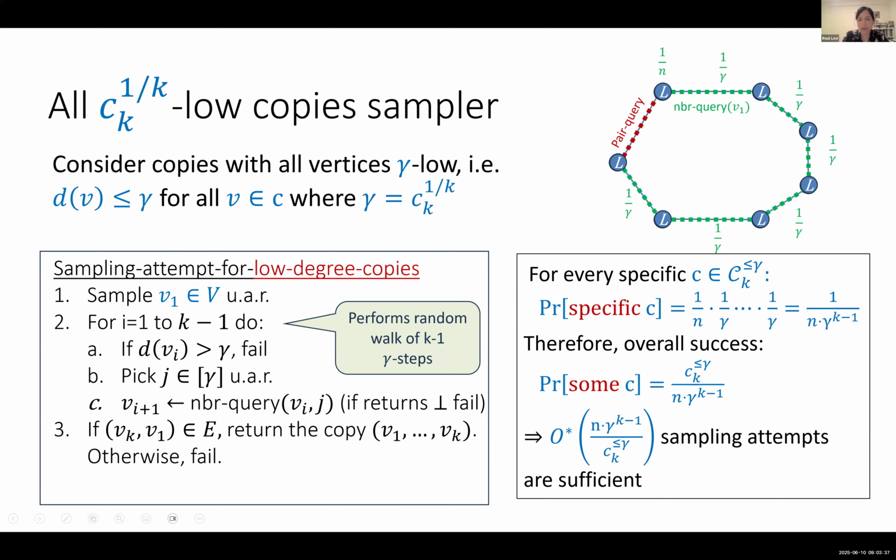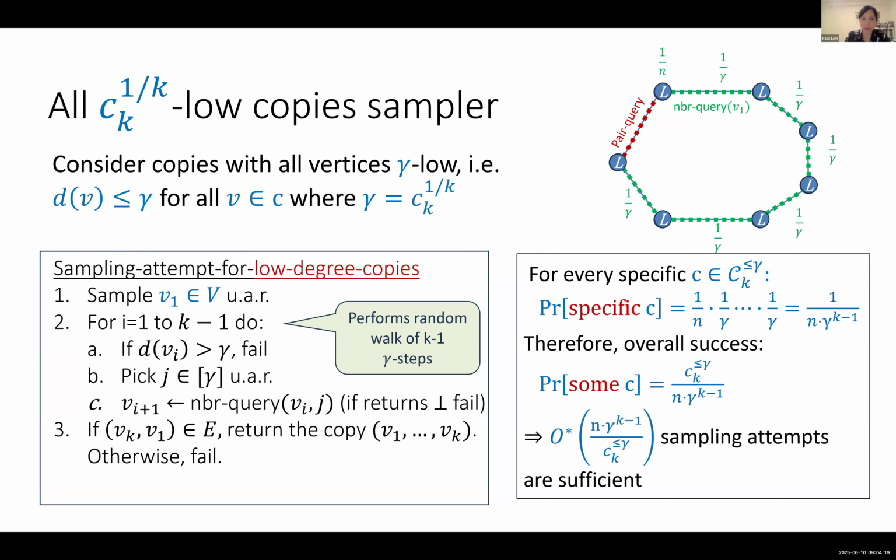And now let's consider a special case in which we have copies of cycles, and all these cycles have a special configuration. From now on, I will focus on cycles, but all the algorithms that I will describe also apply to any Hamiltonian motif. So the first special case that we are going to consider is the case in which all the vertices in the copy have low degree.